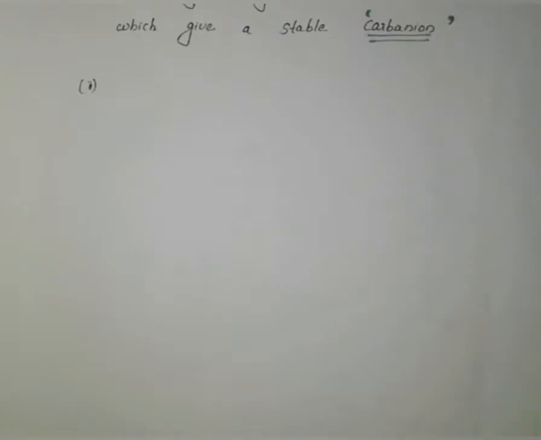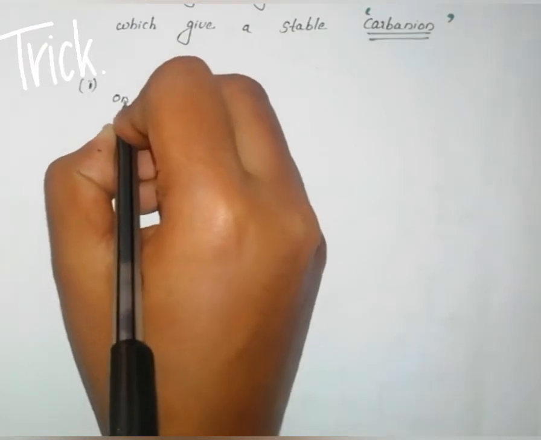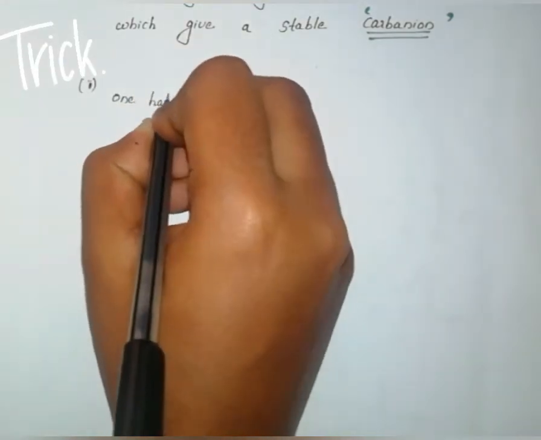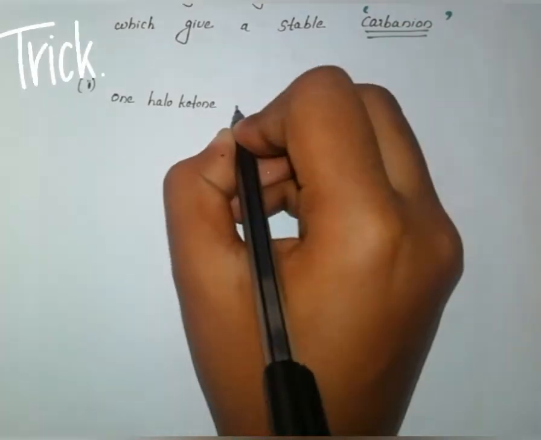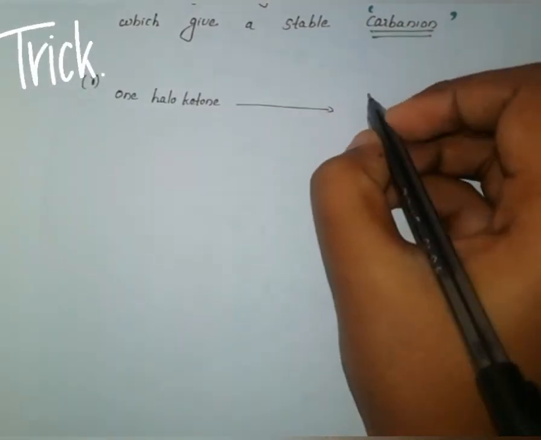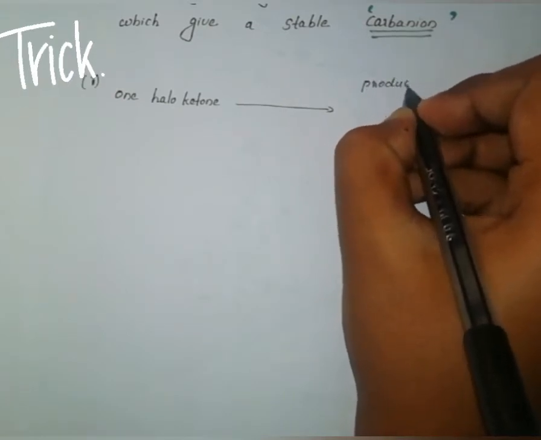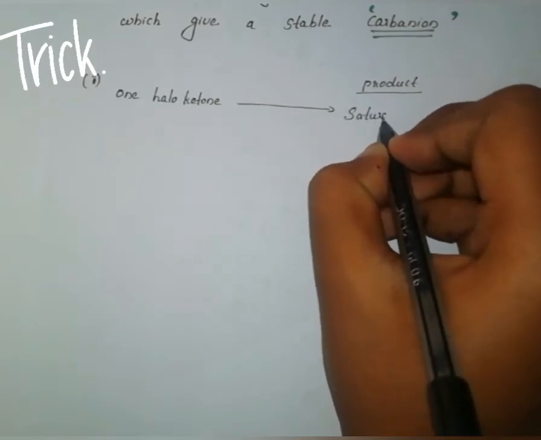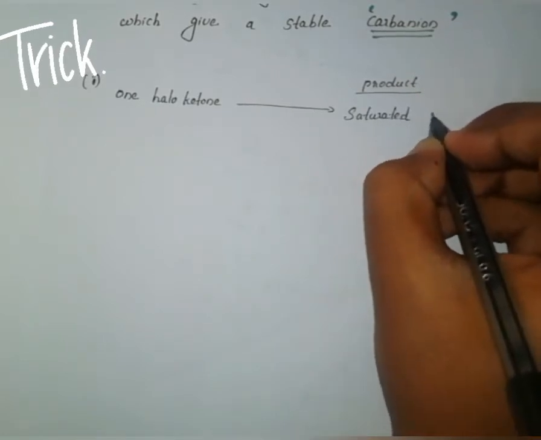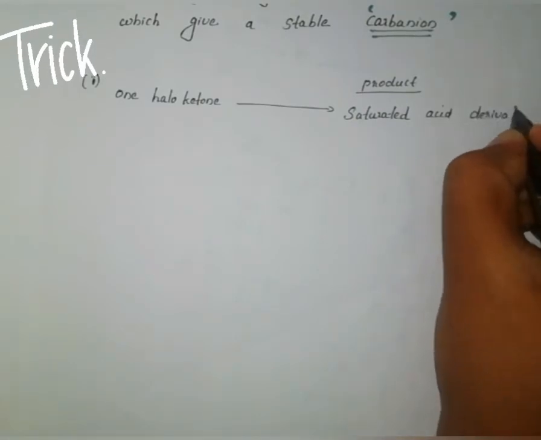Simple tricks that we can apply to identify the final product in Favorskii rearrangements are: if the starting material has only one halogen, that is a monohaloketone, then the product is a saturated acid derivative.